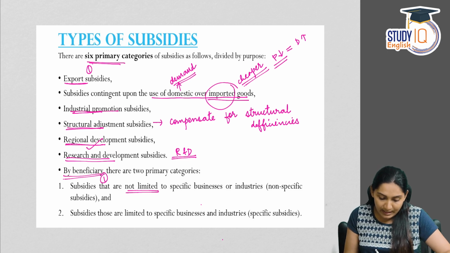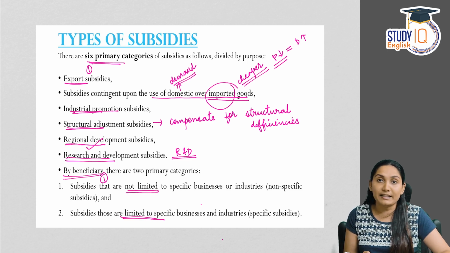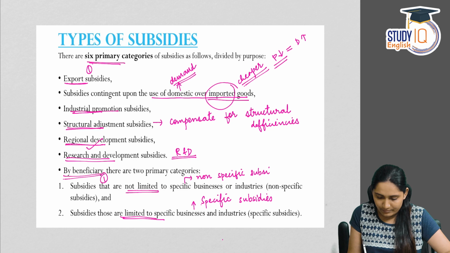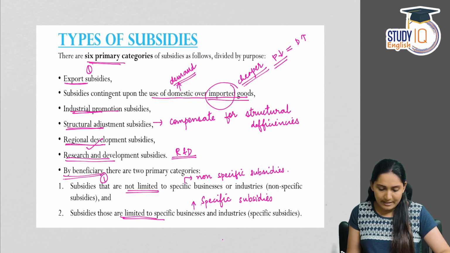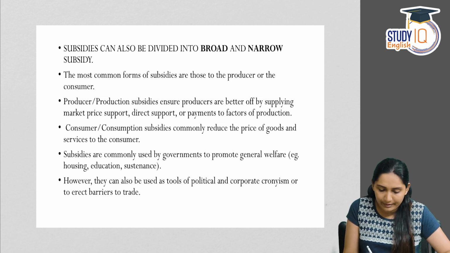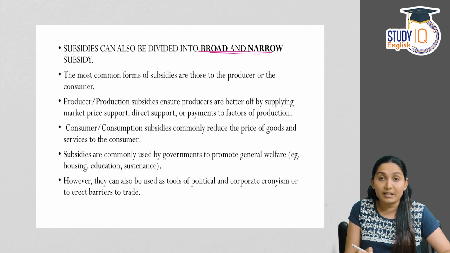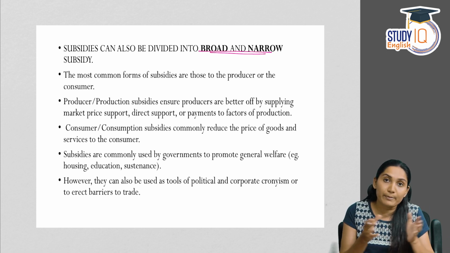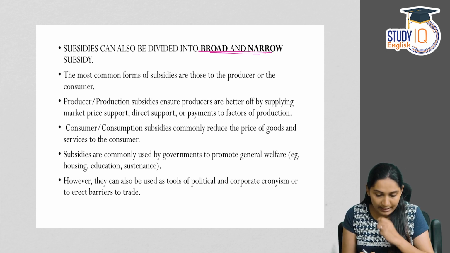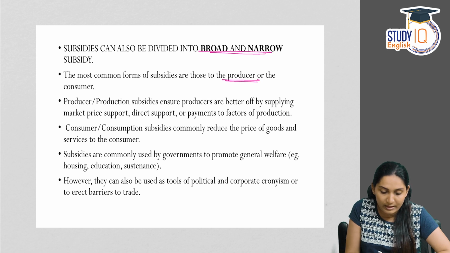Second is subsidies that are limited to specific businesses and industries, that is specific subsidies. Subsidies can also be divided into broad and narrow subsidies, that is broad which covers a broader group, and narrow subsidies. The most common forms of subsidies are those to the producer or to the consumer.